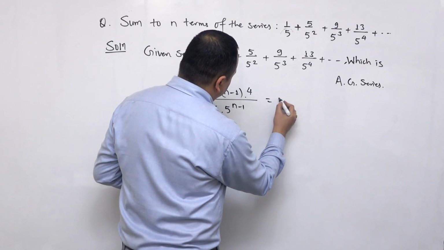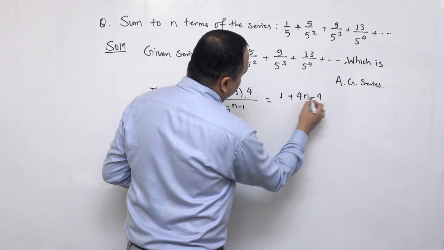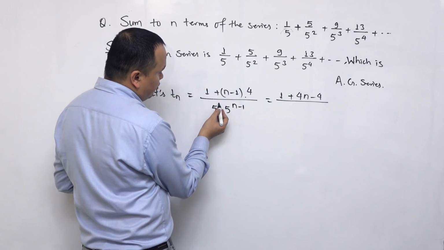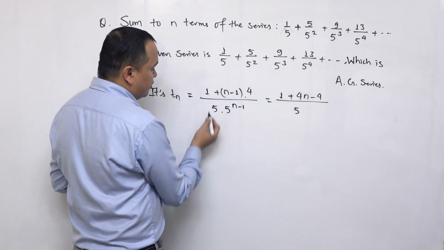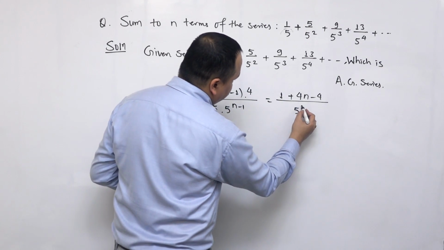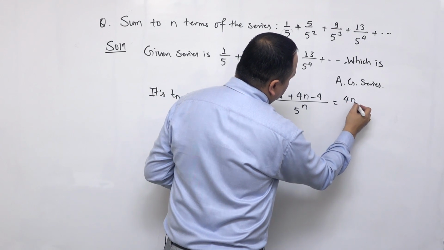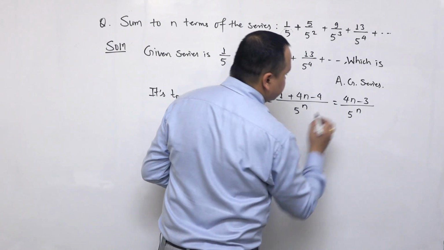And this is 1 plus 4n minus 4 divided by, by law of indices, here 5 to the power 1 and 5 to the power n minus 1, that is 5 to the power 1 plus n minus 1. 1 minus 1 cancel, 5 to the power n only. This is 4n minus 3 upon 5 to the power n.